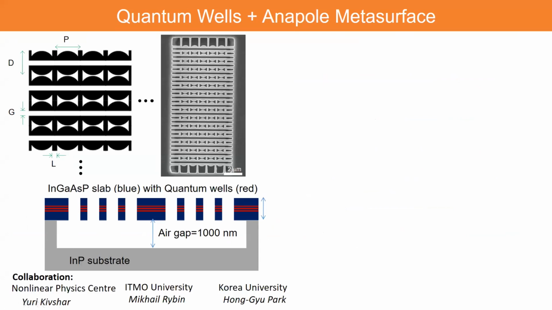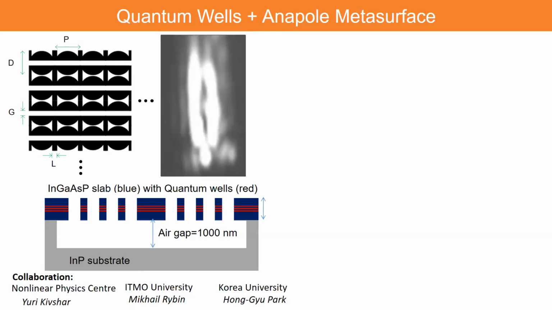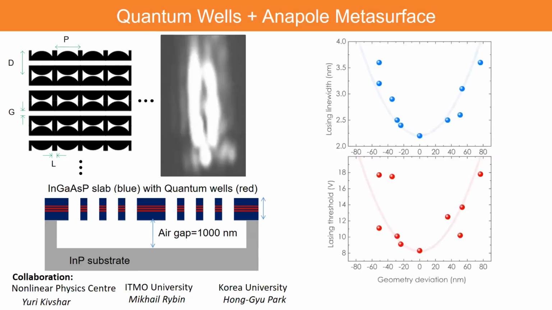And then our collaborators in Korea fabricated this structure, again with the same idea as in the 2D topological laser, and we pumped it with the same 980 nanometer laser, and we observed lasing, as you can see here.